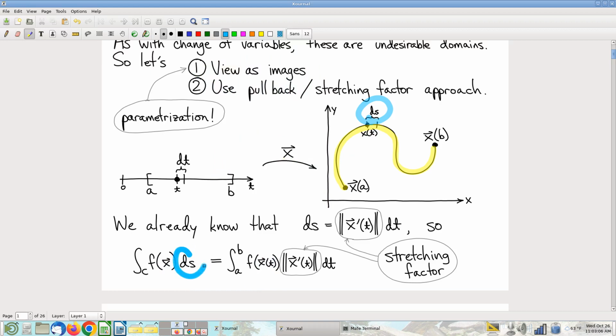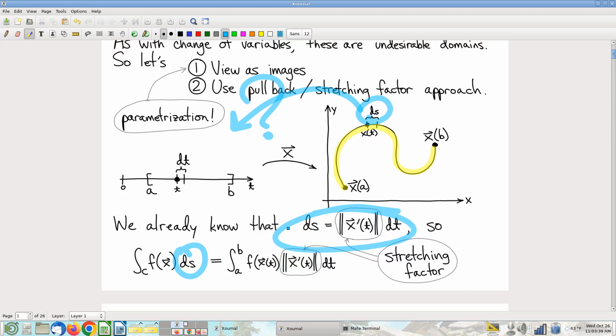So we've got this ds here. How am I going to pull that back? How do I write ds over here in terms of t's? And a convenient formula already exists. Distance equals speed times time. This is old news. In fact, we wrote this down when we were doing arc length computations back in chapter 3.